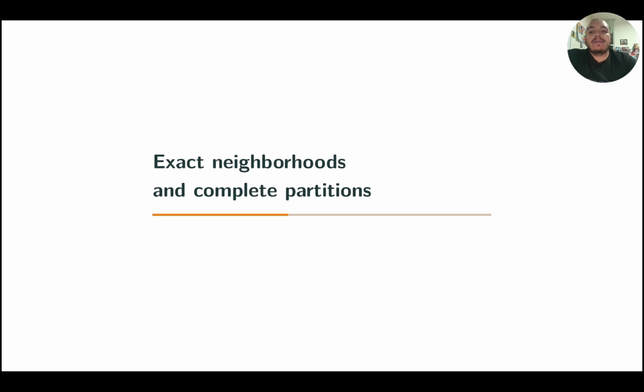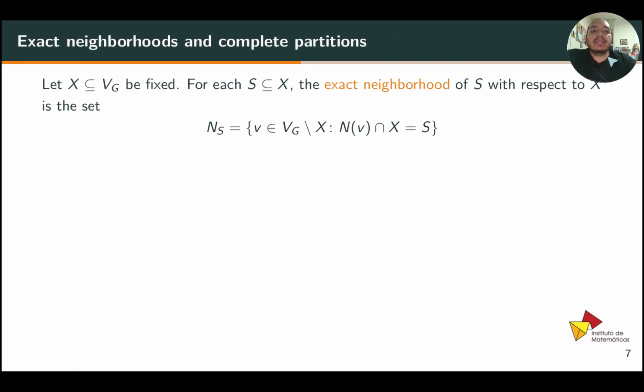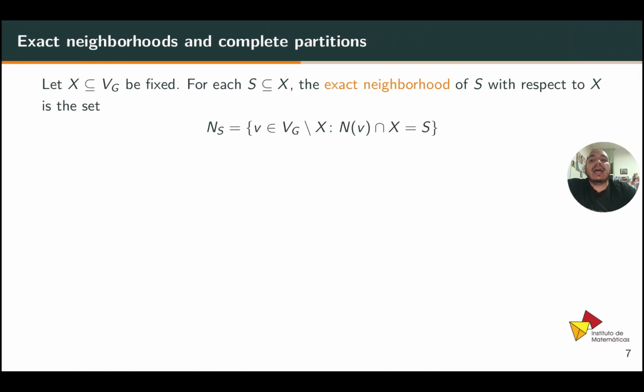Now let's talk about some other definitions, which are exact neighborhoods and complete partitions. Imagine that you have a given graph and a given subset X of its vertex set.